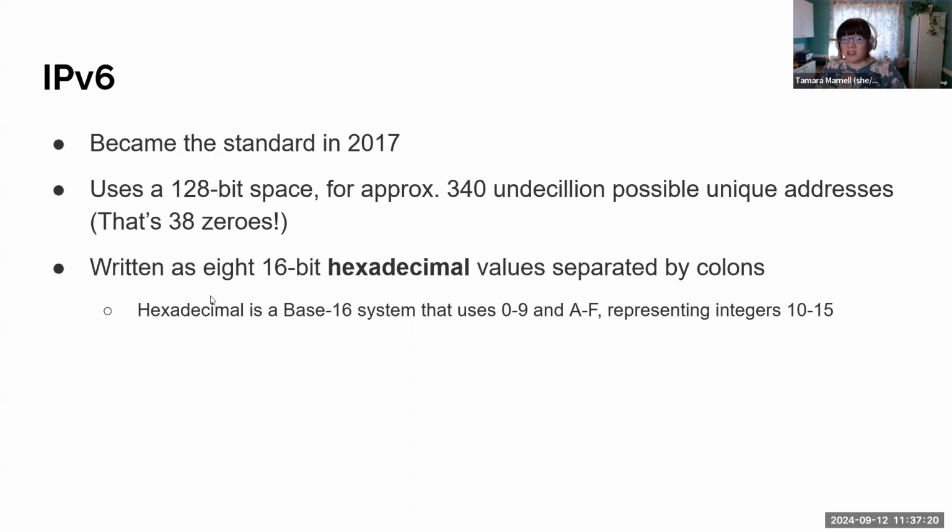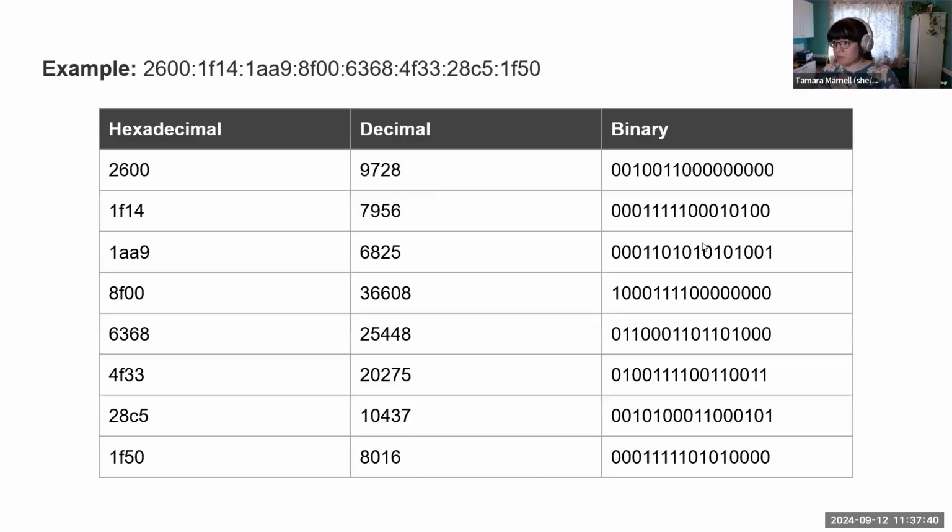Instead of those 4 numbers, it's written as 8 16-bit hexadecimal values. Hexadecimal values are base 16 instead of base 10, like our usual decimal, and it uses 0 through 9 and A through F. A through F represents the integers 10 through 15 in a single character. So here's an example of an IP version 6 address.